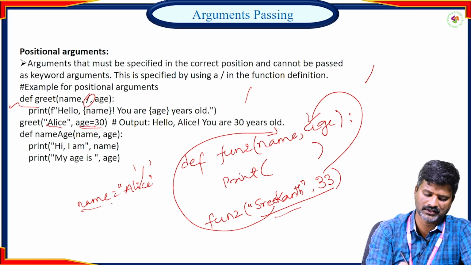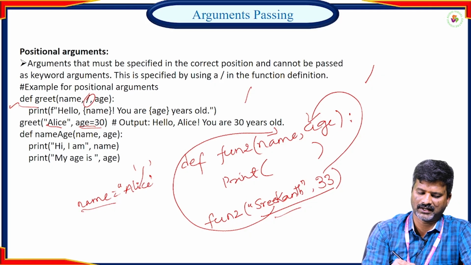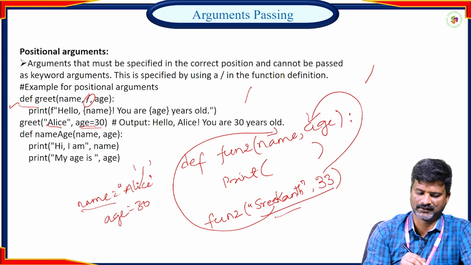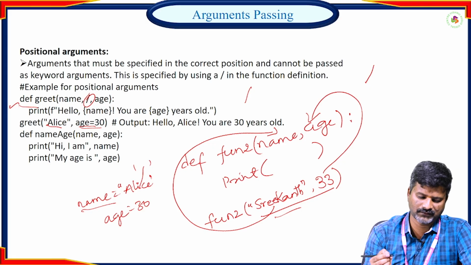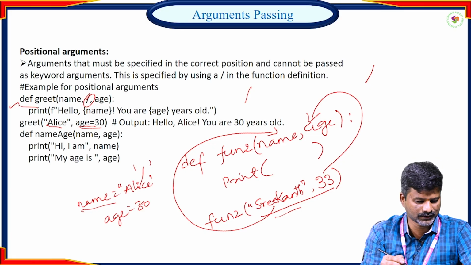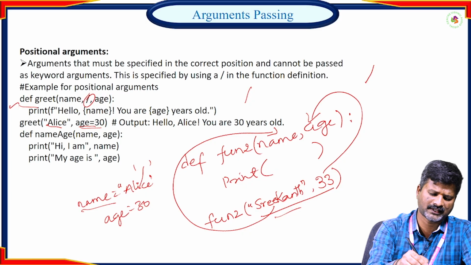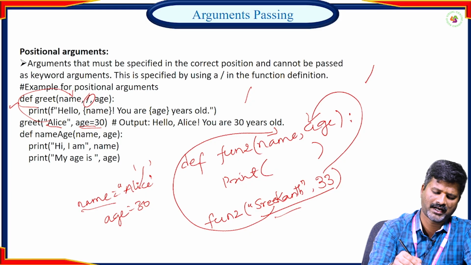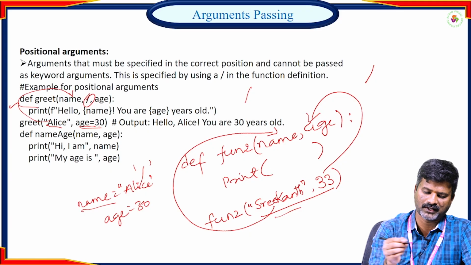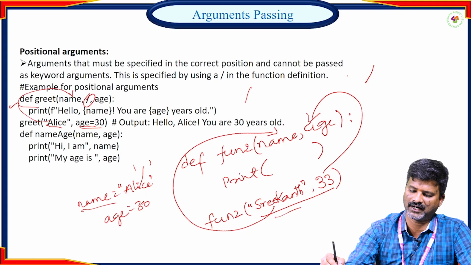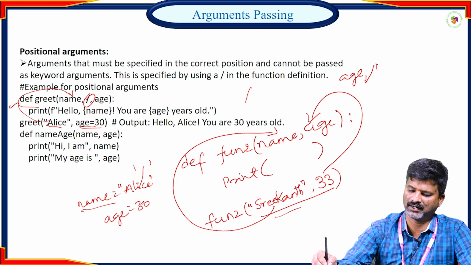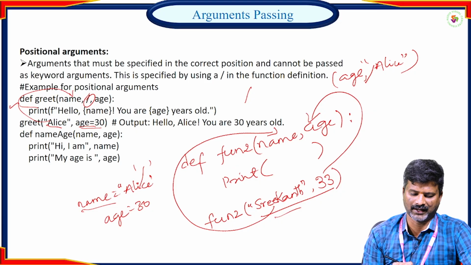Alias will be stored in the corresponding name variable, and age will be stored in the age variable. Suppose you take age first and then alias, you will get an error.